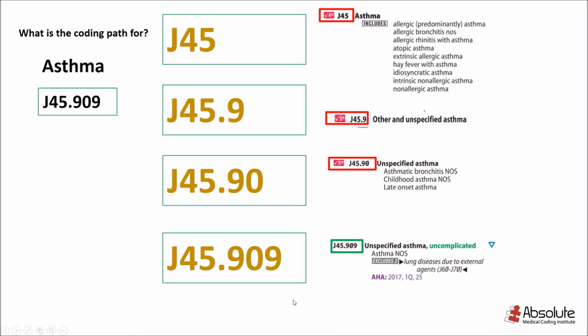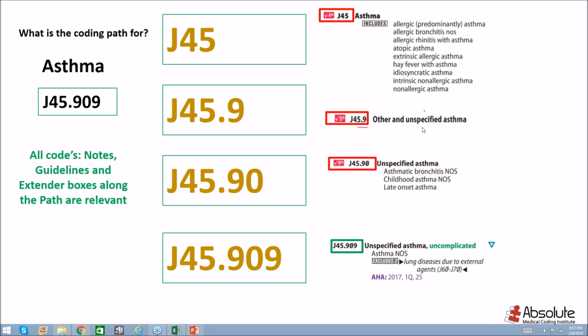And that's just a way to determine if you're on the right path, if you're coding correctly. And remember, all of the notes, guidelines, and extender boxes along the path are relevant to your code, okay?